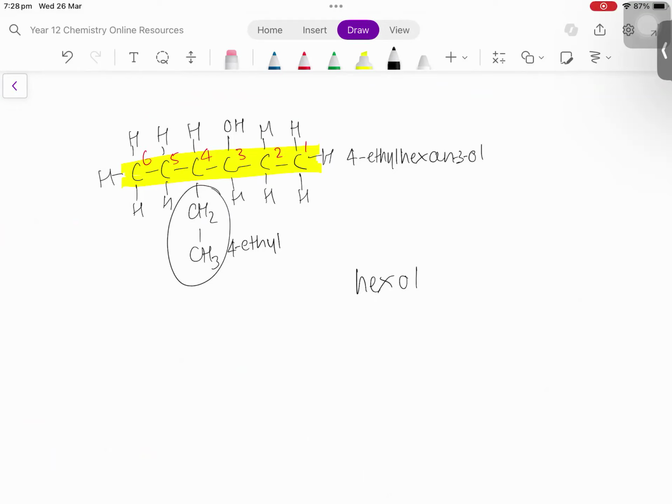But you need your regular suffix for the carbon chain first, an, ene, or yne, for alkane, alkene, or alkyne, and then get rid of the E and replace it with the new suffix. So that was why I added step 2 in there. Name your carbon chain first, get rid of the E, then put in your suffix after. Because otherwise, sometimes students would just do hexol instead of hexanol. Okay.